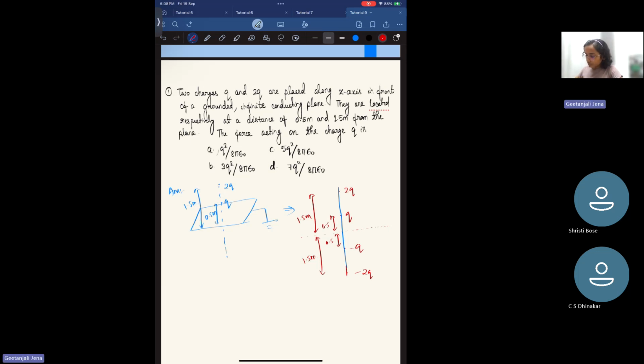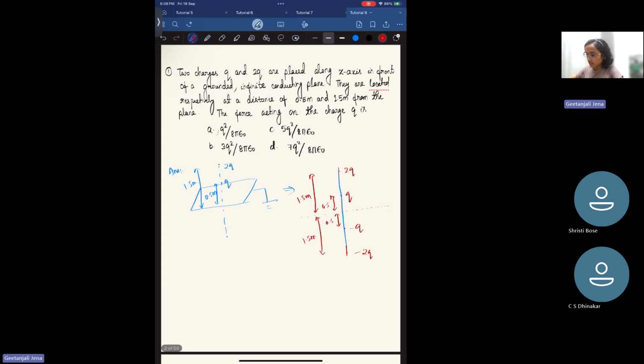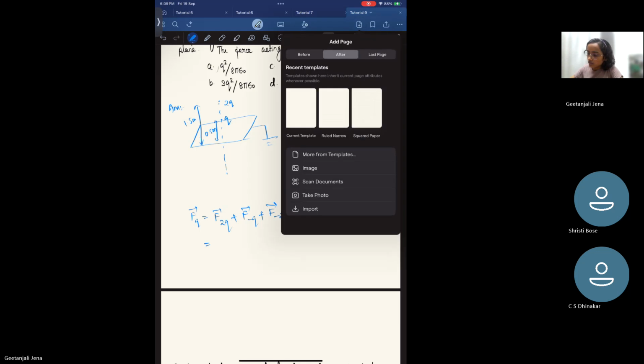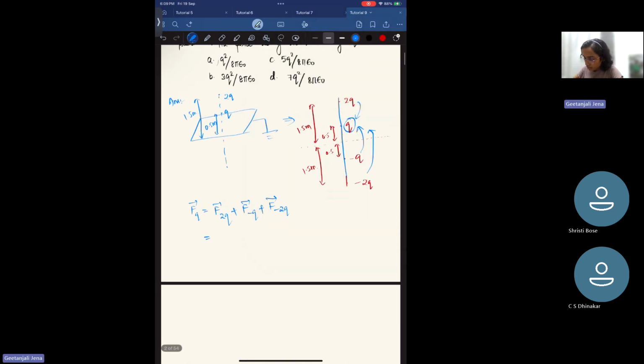One of you has already solved it. Let me quickly solve it, then we'll see whether your answer is correct. The force on charge Q is due to 2Q, minus Q and minus 2Q, based on Coulomb's law. From 2Q: 2Q square over 4 pi epsilon naught, with distance 1 meter between them.